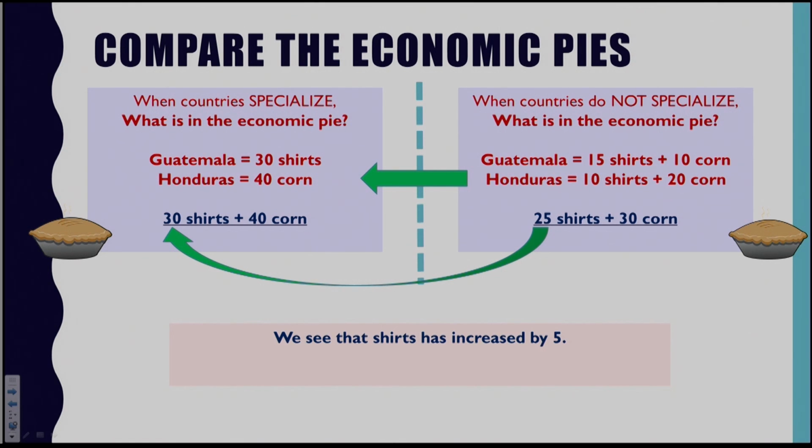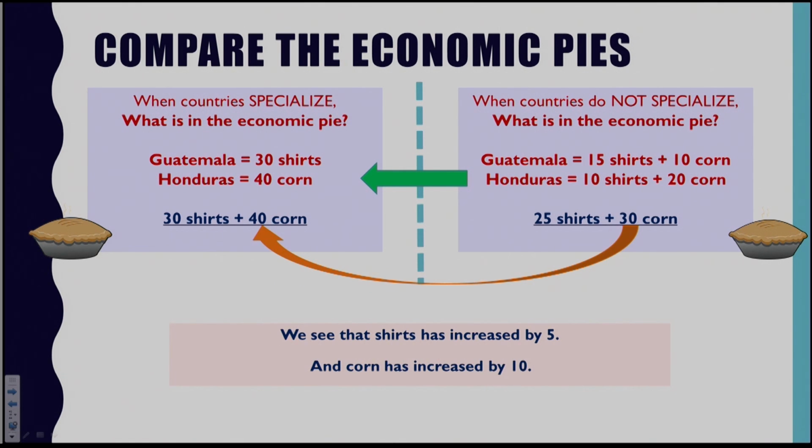Now let's take a look at corn. We had 30 corn when we weren't specializing, and under specialization, again, when we divide the tasks based on comparative advantage, we end up with 40 corn. So do you agree that corn has increased by 10? So what we see is that shirts have increased by 5 and corn has increased by 10.